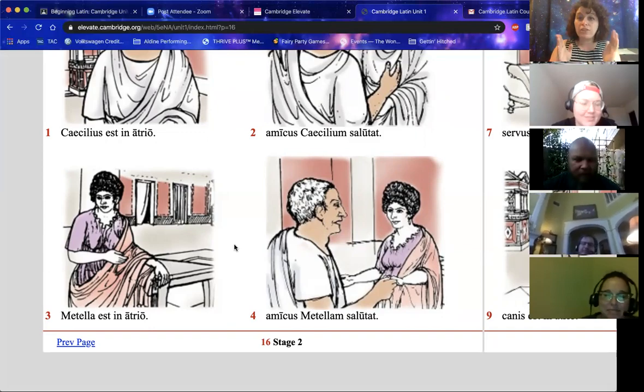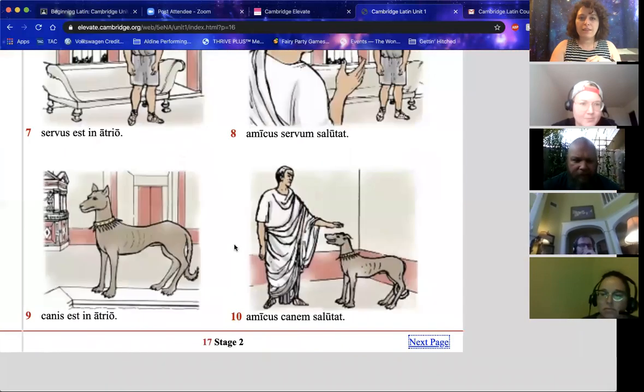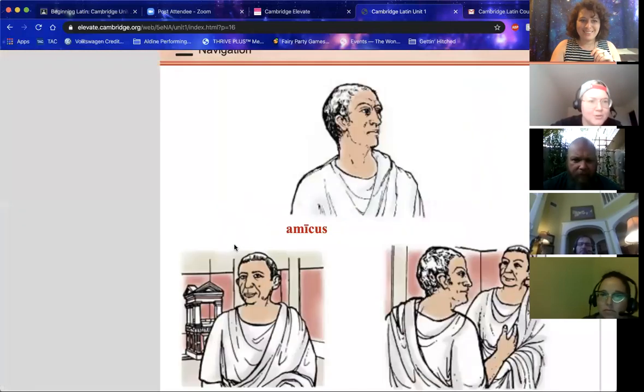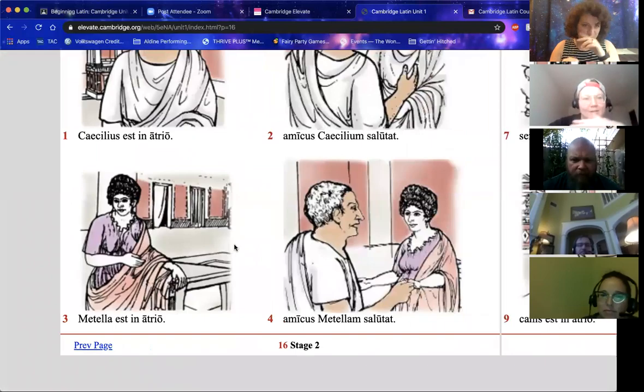And so then what is the change that we're seeing between number 3 and number 4 with Metella? The addition of the M. We go from Metella to Metellum. So now let's come over here and look at the pictures. Metella is in the back in the second picture of those pictures.